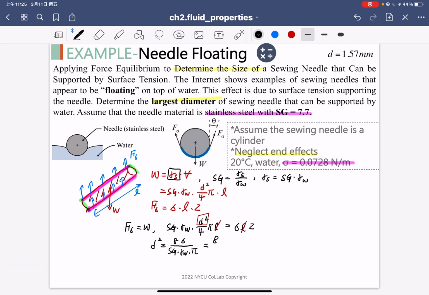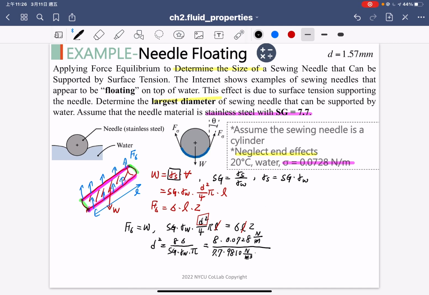So here is 8 and the sigma is 0.0728 Newton per meter, divided by the SG, which is 7.7. The SG is a dimensionless parameter, so there is no unit. And the gamma, we know the water gamma is 9810 Newton per meter cubed.